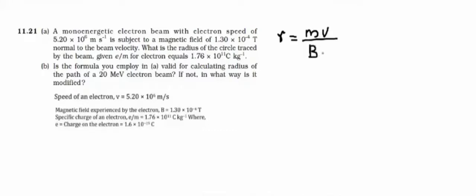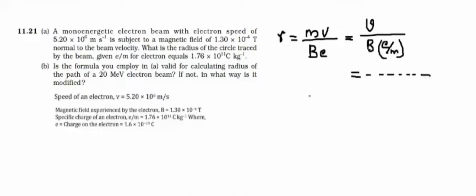Here instead of q you can take e, since it is an electron. Since e by m is given, you can rewrite this as v divided by b into e by m. Now you can substitute the values there and find the answer.